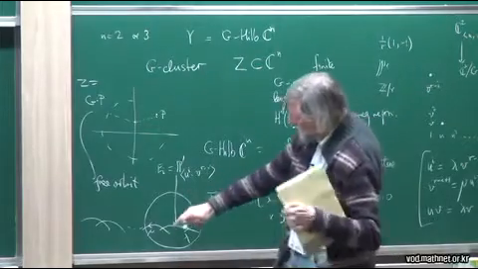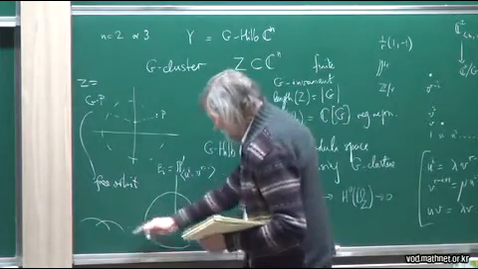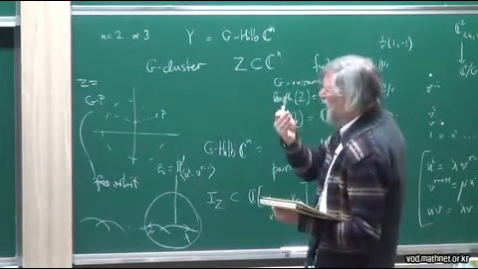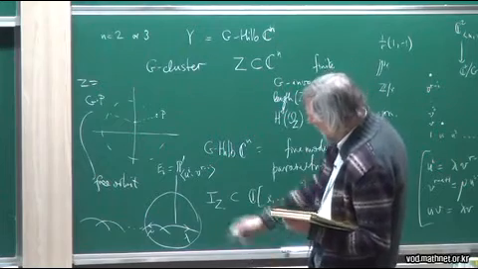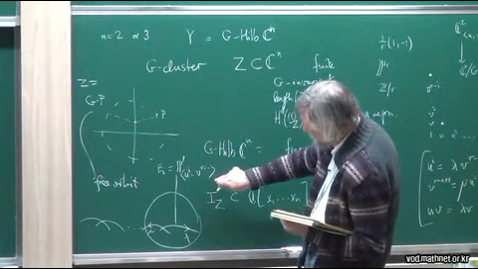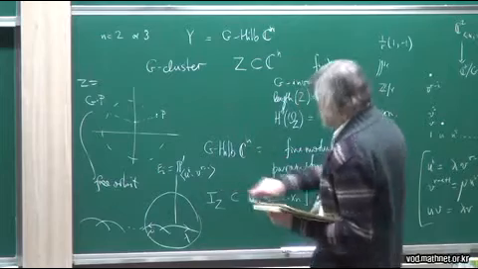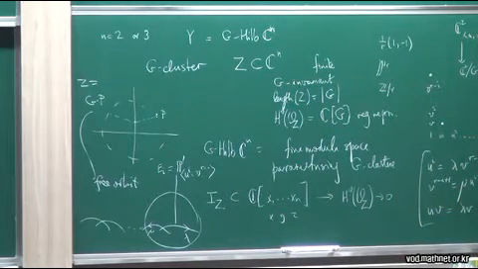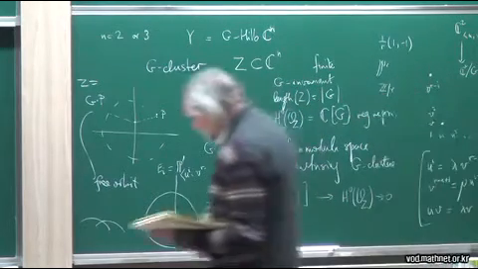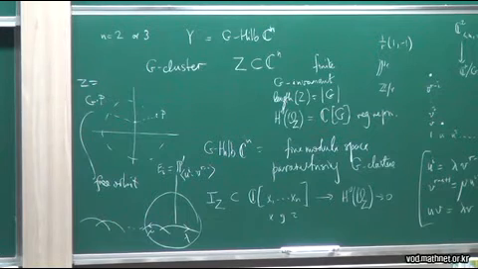And so the curves that jump out of this singularity, there are r minus 1 of them, and they correspond one-to-one to the non-trivial irreducible representations of the group. So that's the McKay correspondence.